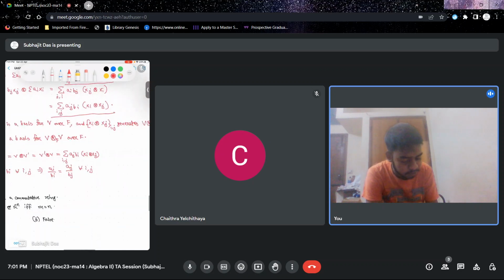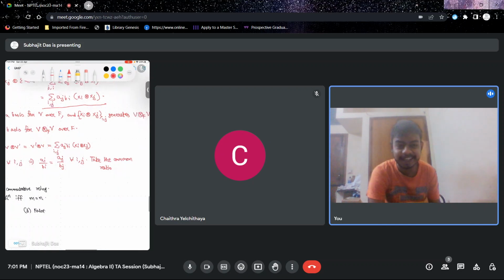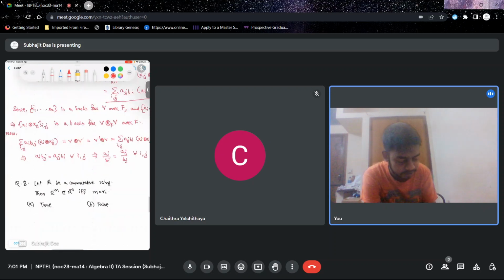You can just take the common ratio, I don't even know if this is a very precise word, but yeah, take the common ratio to be lambda in F, and then it's very easy to see that v is lambda times v prime, probably, right? And so we are done.